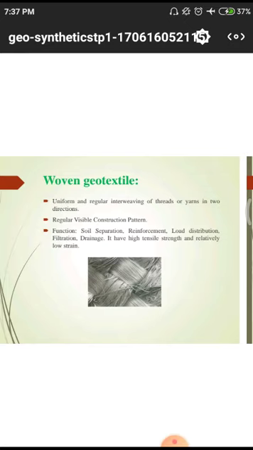That means in both the x direction and y direction we observe these two ends, and a regular visible construction pattern. Regular visible means we observe it in each way and every layer. The functions are soil separation, reinforcement, load distribution, filtration, and drainage. It has a high tensile strength and a relatively low strain.